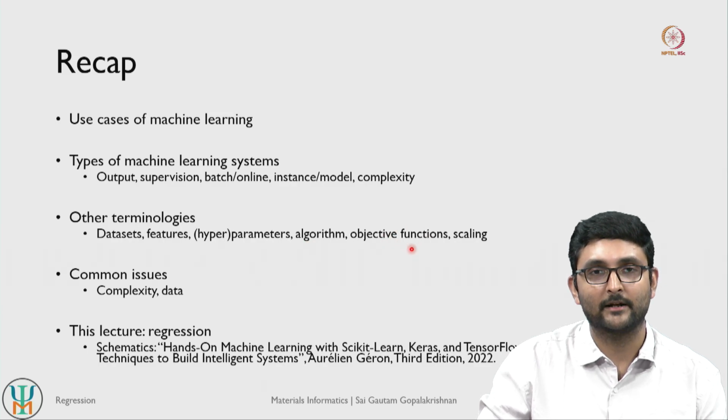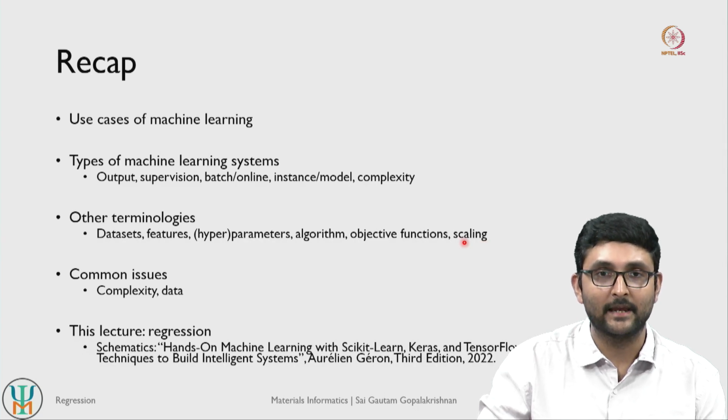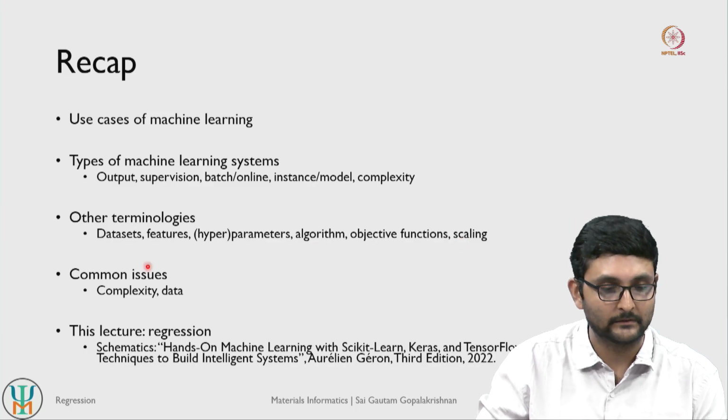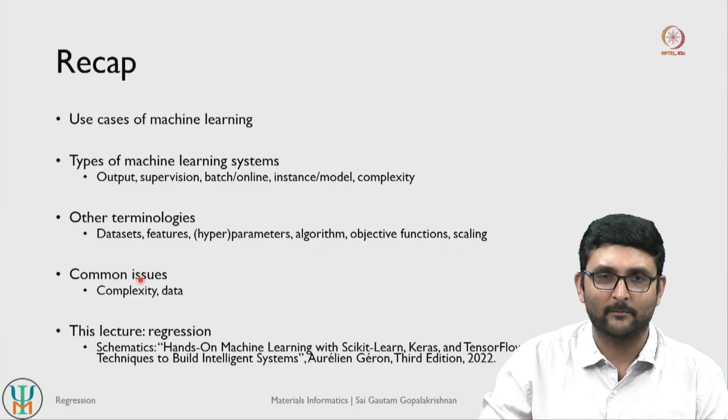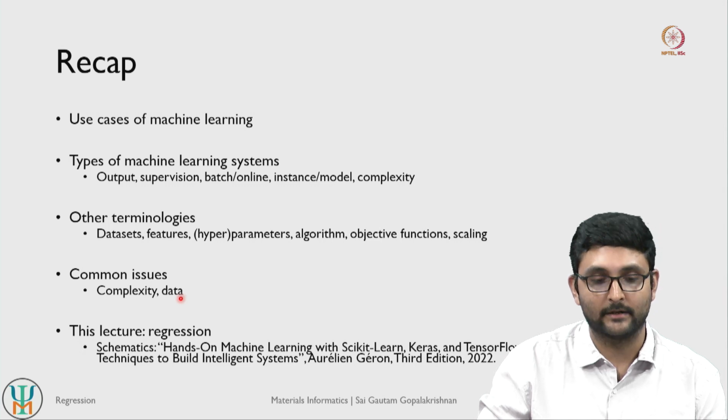So what is the model trying to minimize or maximize as it is learning from the data that it is seeing, and the importance of scaling as well. So we generally need to scale our features and sometimes even our target variables. And we also discussed some of the common issues such as complexity of the model, the trade off between over and under fitting, and also issues related to data.